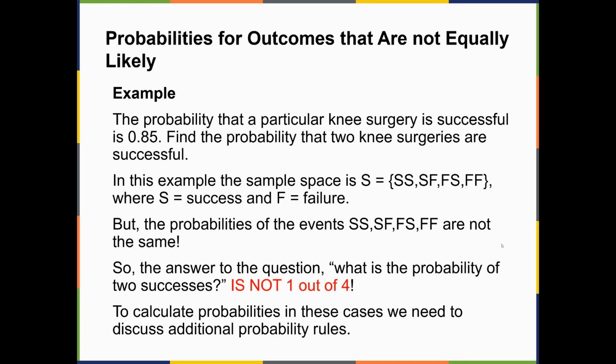If we want to find the probability that 2 surgeries are successful, we can't just count, right? So in this example, the sample space would be success-success, success-fail, fail-success, fail-fail, right? But each one of those does not have equal probability. We cannot say 1 out of 4 for getting 2 successes. That's not the way it works. So we're going to talk about this later, but I just wanted to forewarn you that you have to be kind of careful when you're dealing with probability.